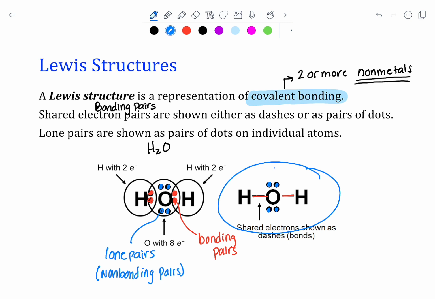So we can say that these electrons are non-bonding, and these electrons are bonding. I'm going to be drawing these structures for the remainder of this lecture, outside of some of our practice problems, in this form, with shared electrons as dashes and lone pairs, or non-bonding pairs, as dots.